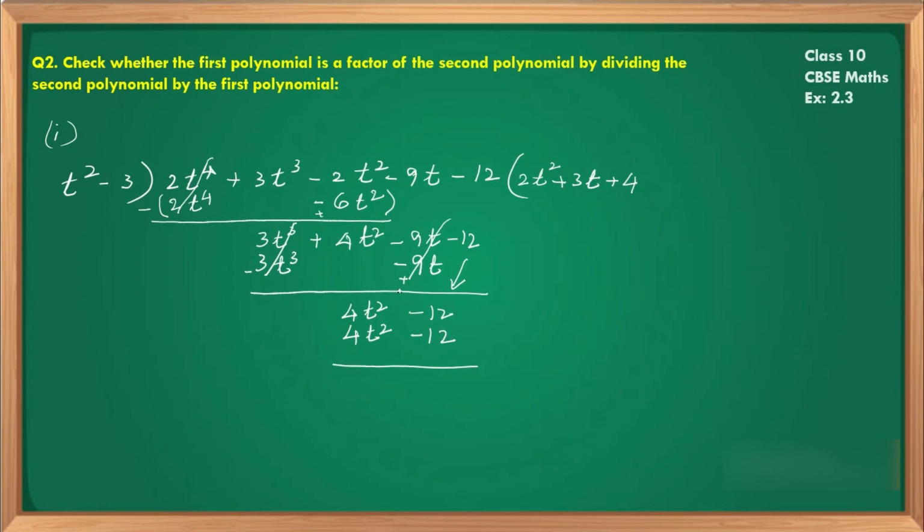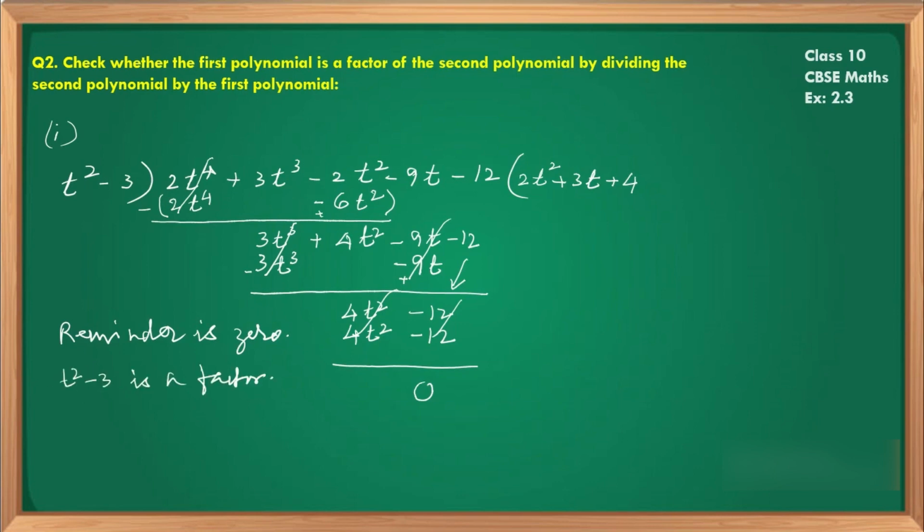Now you can see both of them get cancelled. Therefore, the remainder is 0. Because the remainder is 0, t square minus 3 is a factor. Let us write down. Remainder is 0. Therefore, t square minus 3 is a factor.